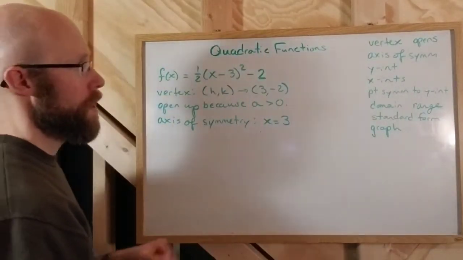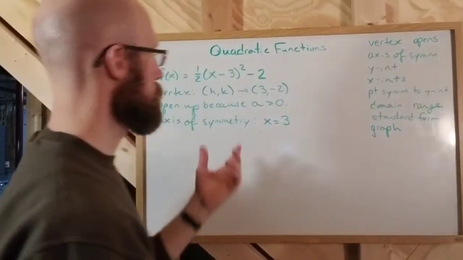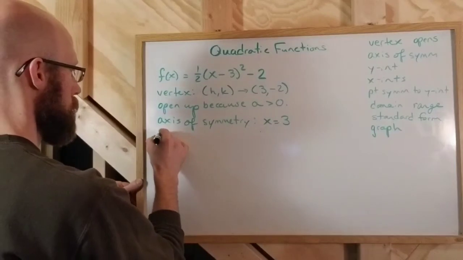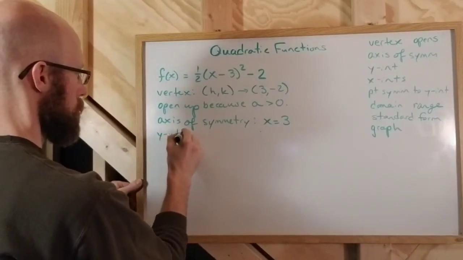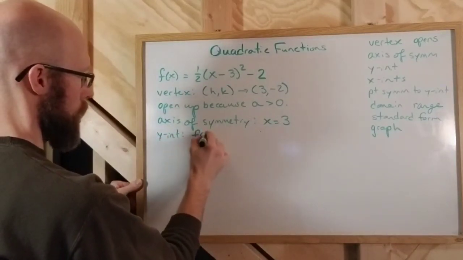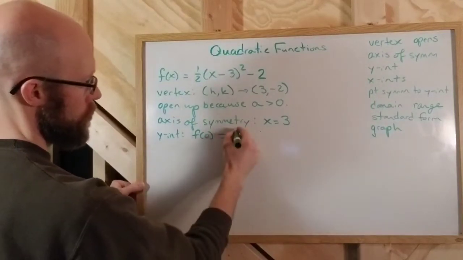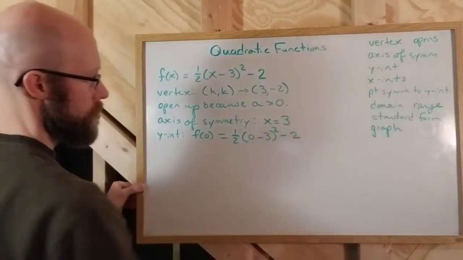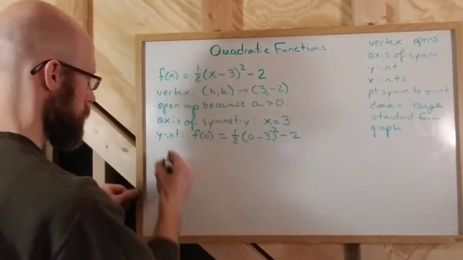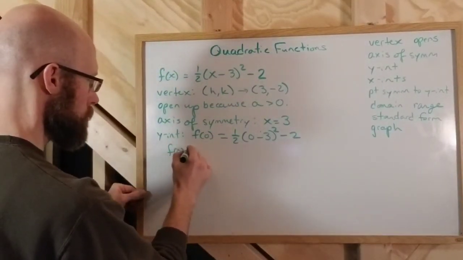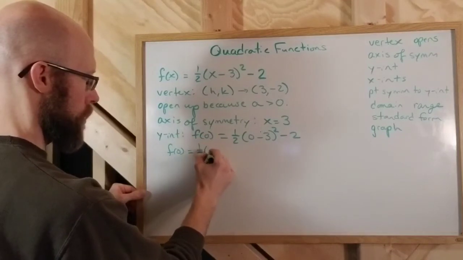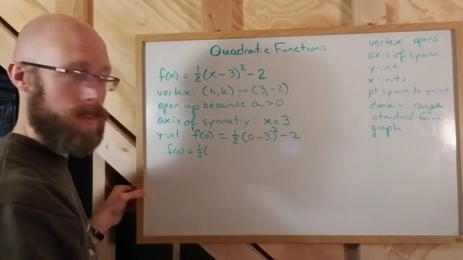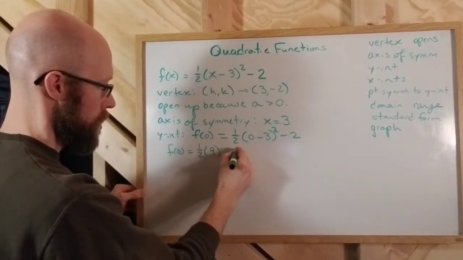Okay. The y-intercept, not too bad. All I got to do is plug in a 0 for x, right? So for the y-intercept, we're looking for f of 0, which is 1/2 of 0 minus 3 squared minus 2. If I evaluate that thing, 1/2 of, well, negative 3 squared is going to be positive 9, so it's half of 9 minus 2.